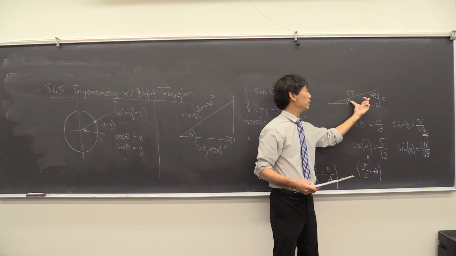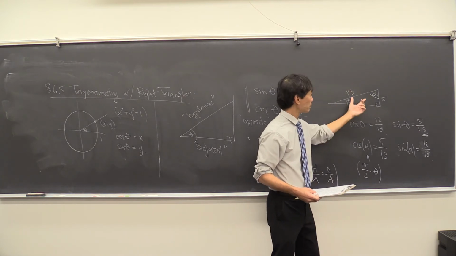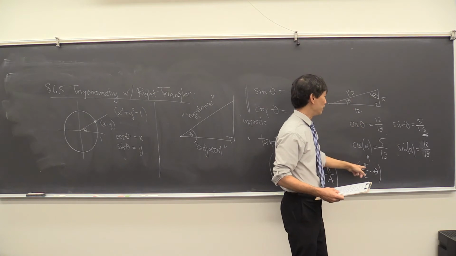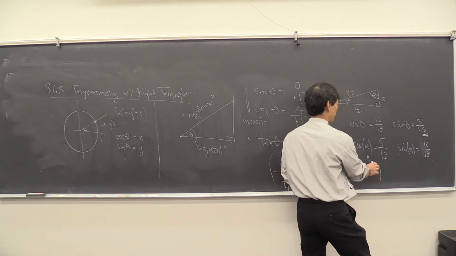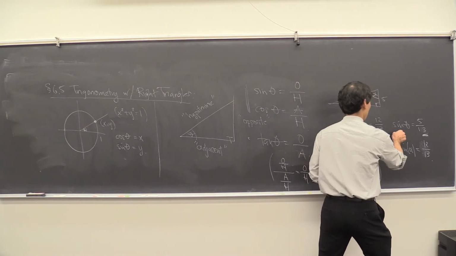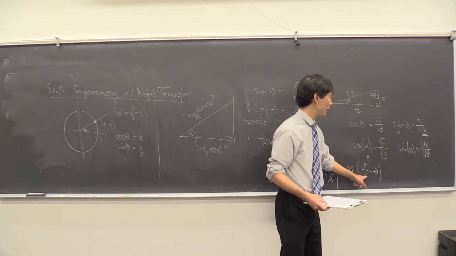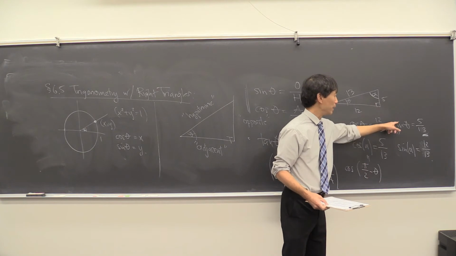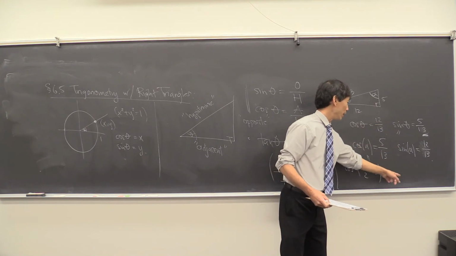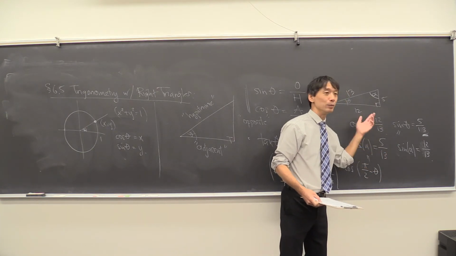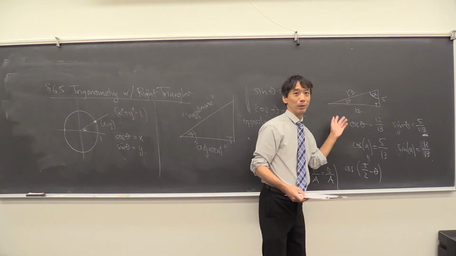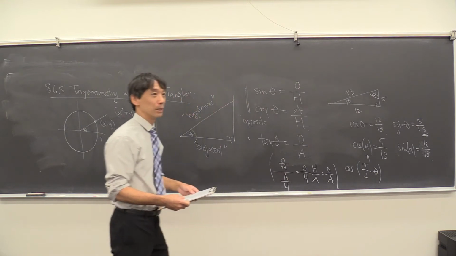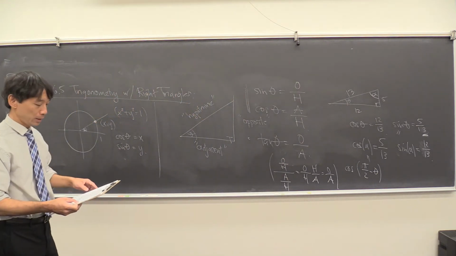The sum of the angles adds up to pi. And so what we see is that cosine of pi over 2 minus theta is sine theta, and sine of pi over 2 minus theta is cosine theta. This was one of our identities that we saw earlier, and it makes sense in the triangle world. It's kind of easy to see in the triangle world.